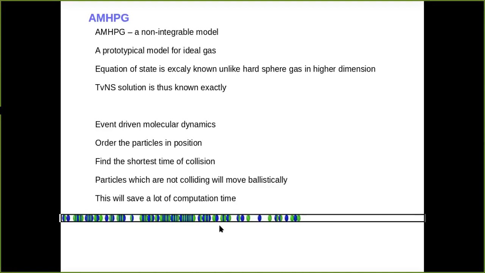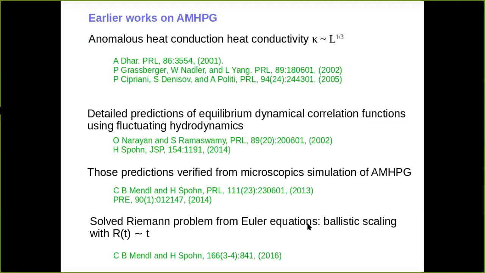I should have made it for this blast problem, but I have a movie where all the particles are at the left hand side and they go to steady state. You can see the interaction. They collide.